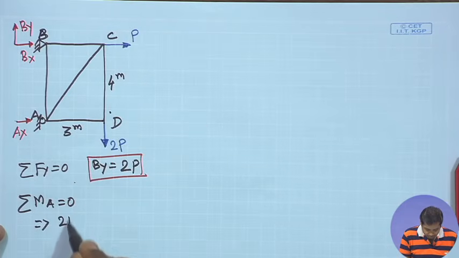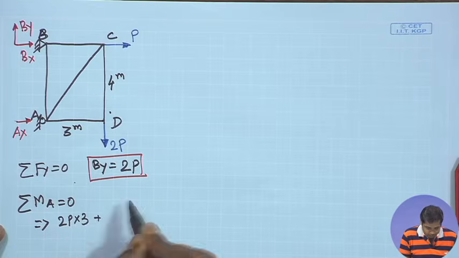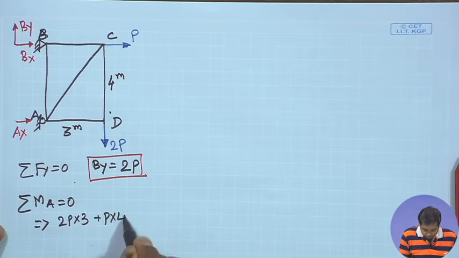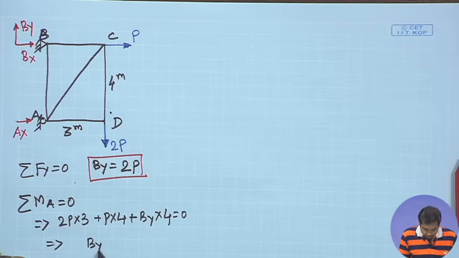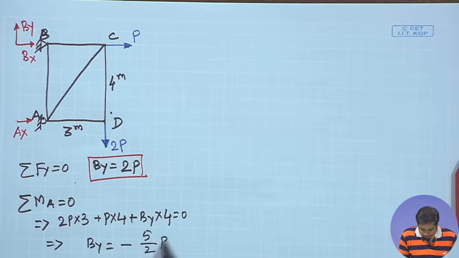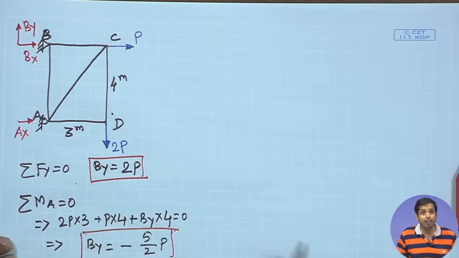So, 2P into 3 plus P into 4 plus By into 4 is equal to 0, and this will give us By is equal to minus 5 by 2 P. So, this is By.